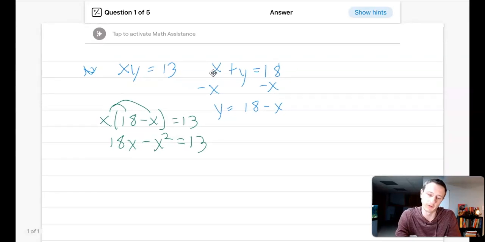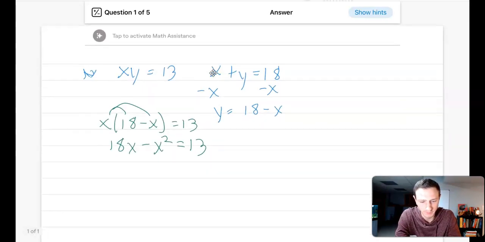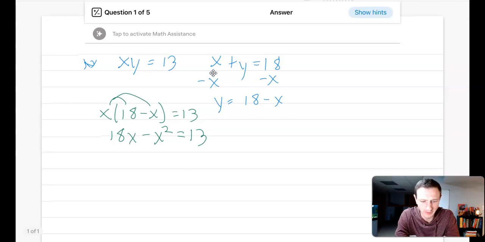So we want to get positive x squared over and then factor. That's going to be rough factoring. We can tell from the answers we're going to get something a little messy here. So let's add over x squared and subtract over 18x.